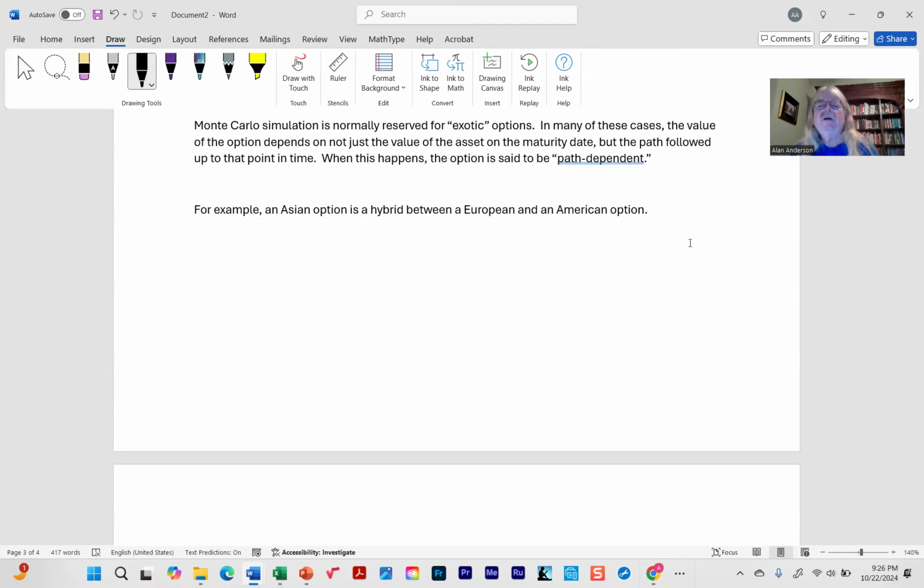It's a hybrid in the sense that it is not exercised prior to maturity. Okay, so I've done this very badly. At multiple points during the lifetime of this option, its payoff or intrinsic value is calculated.